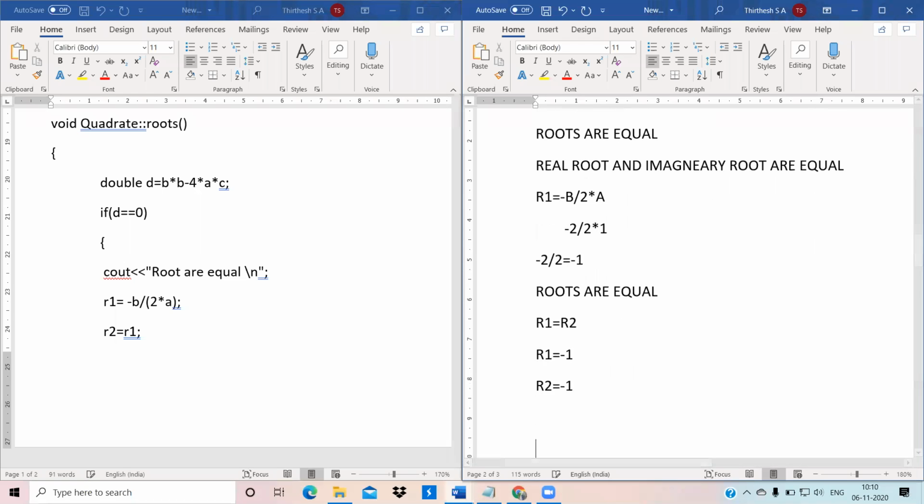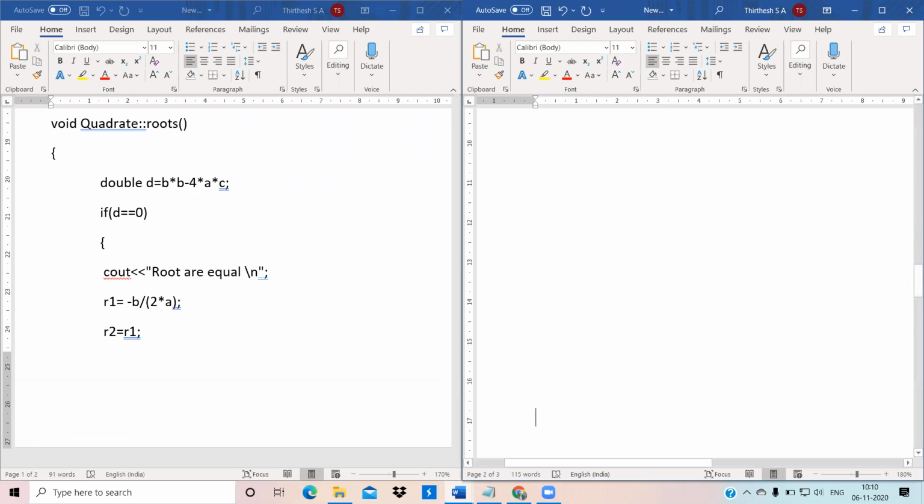Let us consider one more example where we take an input: a is equal to 2, b is equal to minus 3, and c is equal to 1.